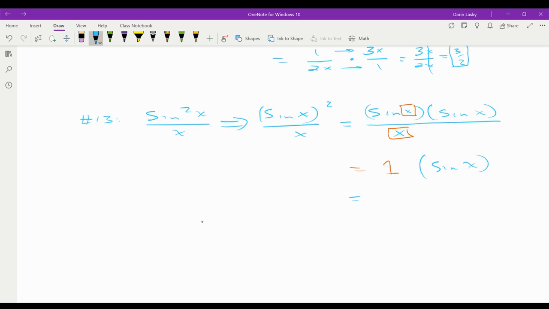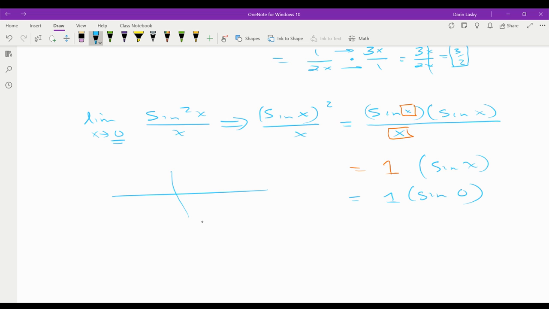Now, I can plug in at this point, because this is the limit as x approaches 0. Now I've factored it, so now I'm going to get 1 times the sine of 0, because I'm going to plug in this 0.